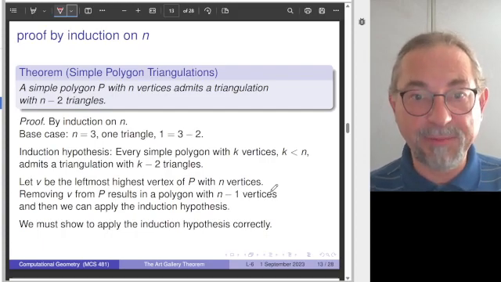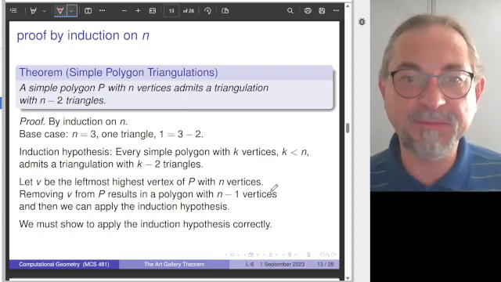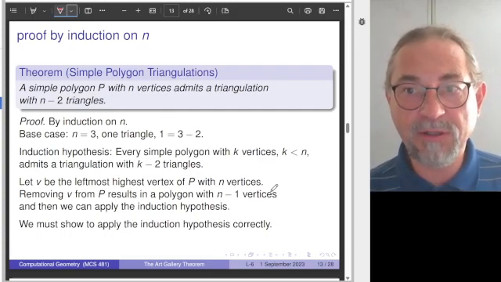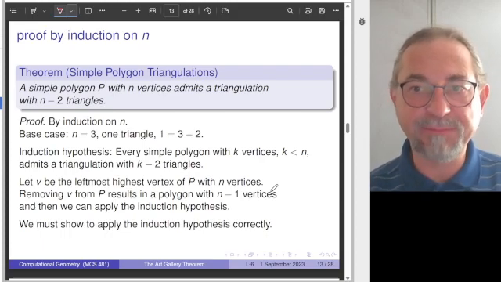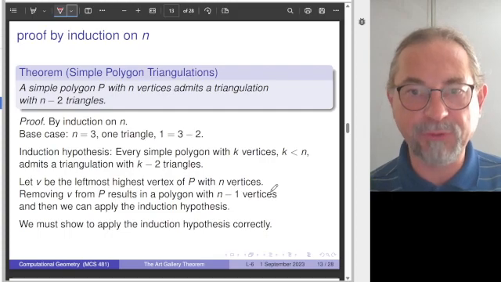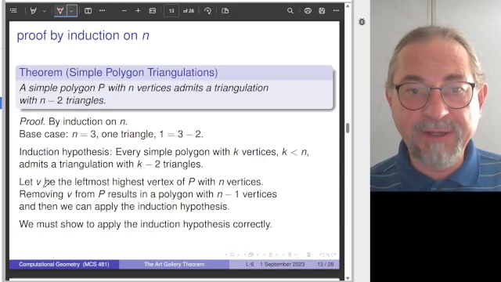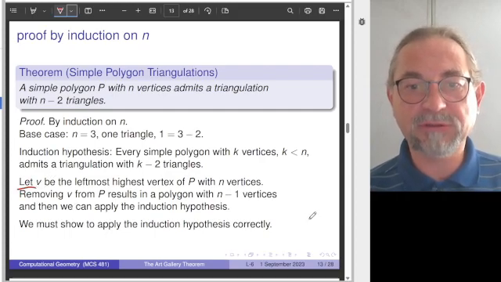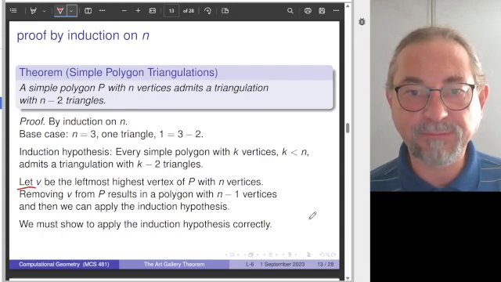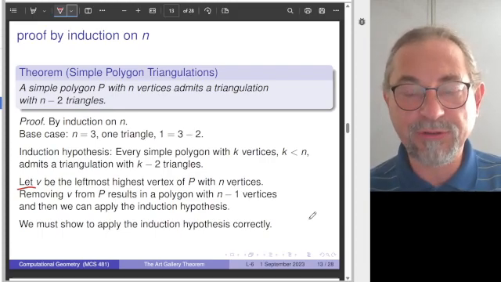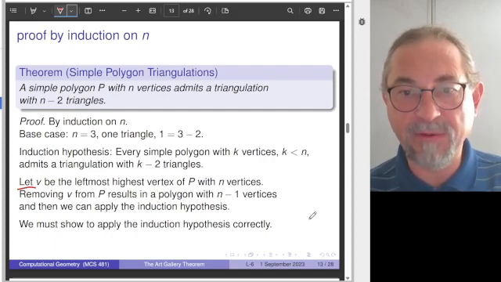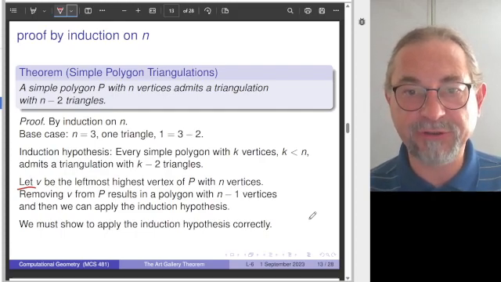Okay, now we will apply our proof technique. We assume that the theorem is true if you have polygons with n minus 1 vertices. It has been proven for any polygon up to n minus 1. So then we're going to say, well, if we look at the leftmost highest vertex, we will reduce this to the case of n minus 1 vertices, and then apply the induction hypothesis.